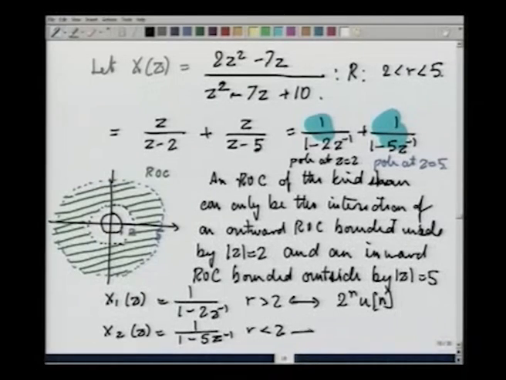And similarly, for this expression, which is 1 by 1 minus 5 z inverse, which has an inward ROC, it will be of the form minus 5 to the n u minus n minus 1.